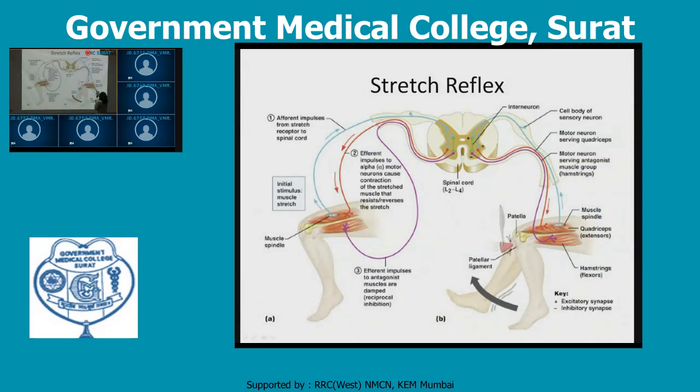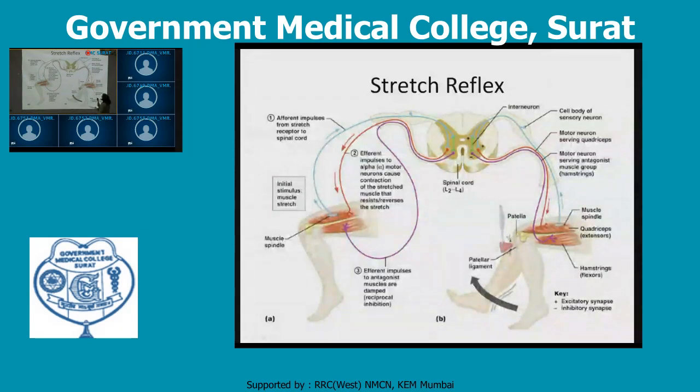That is, the quadriceps muscle contracts and the hamstring flexor muscle is inhibited, because this arc is completed. This is a bisynaptic arc, completed via an inhibitory interneuron. So this is the whole pathway for stretch reflex.